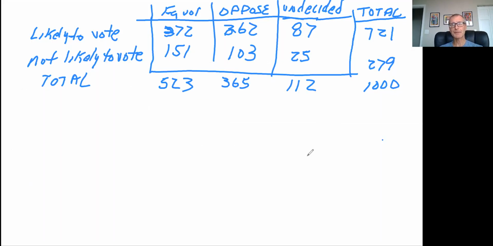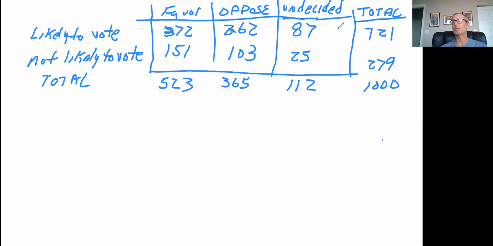So what I did here is pause the recording for a minute and very messily wrote the numbers up here. And you'll see that when you do probability calculations, especially in a table format like this, it's very useful to have the totals for the columns and the totals for the rows as well.